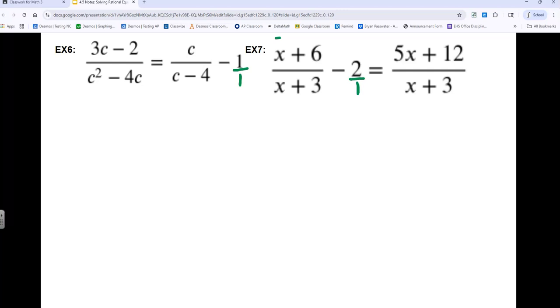Okay? So the first thing I would do here is I would factor c squared minus 4c. Okay? So when I'm factoring c squared minus 4c, Sophia, how do I factor that? C squared minus 4c?